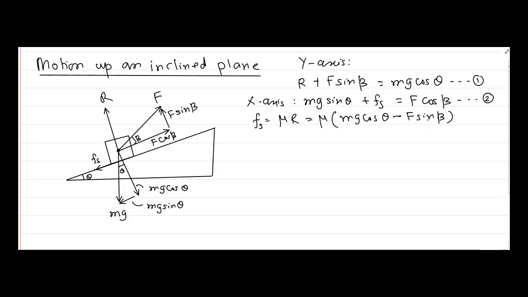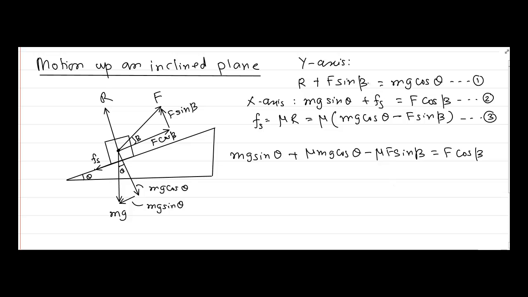So Fs is equal to this, and if I call this equation 3 and put this value of Fs in equation 2, then I'll get mg sine theta plus mu mg cos theta minus mu F sine beta is equal to F cos beta.